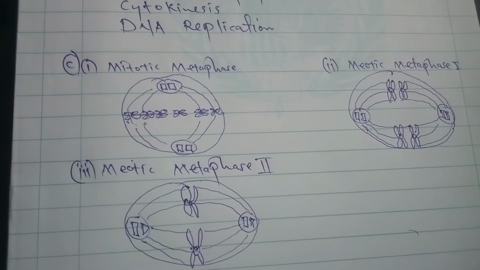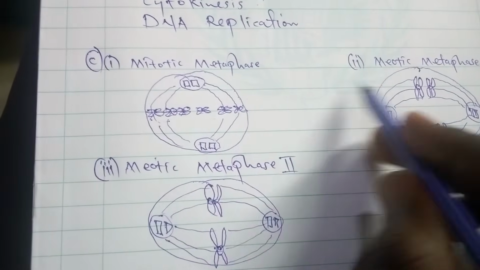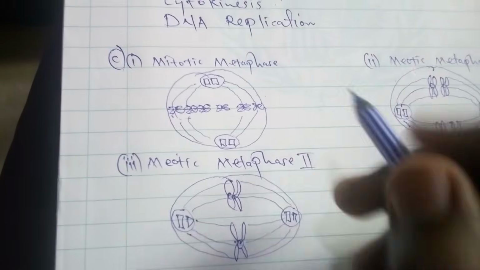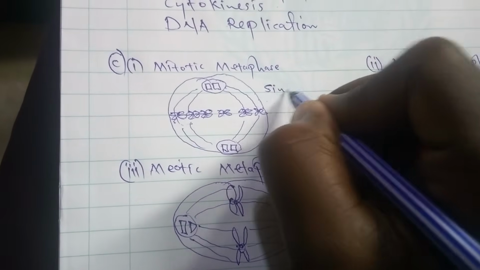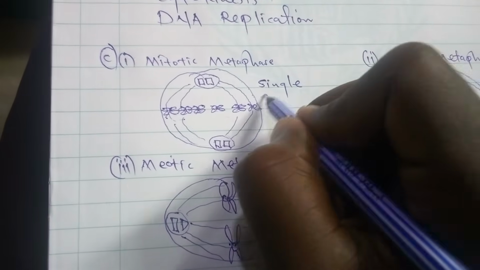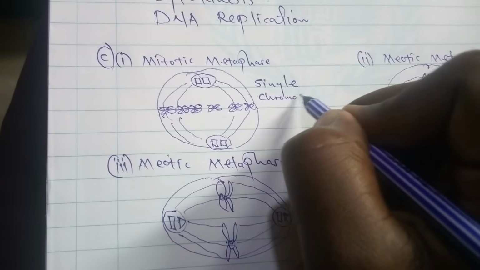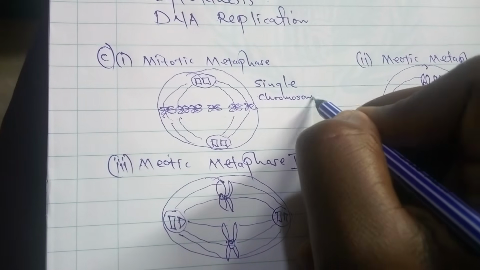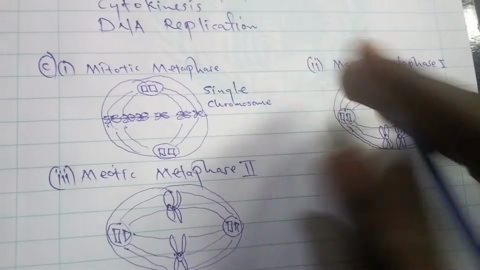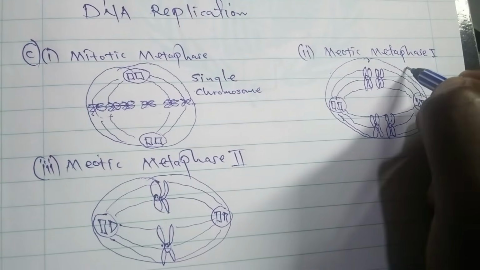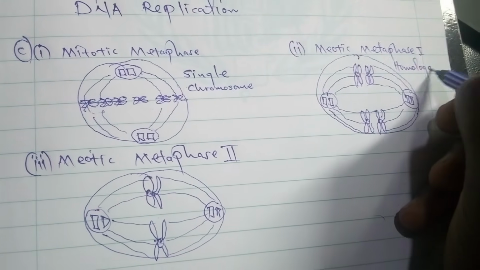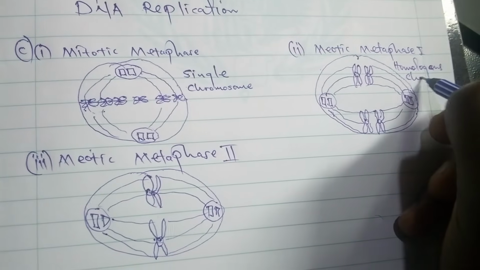You can talk about the differences. So I'm going to put the differences the way they are. When you look at the alignment of chromosomes, there is single alignment of chromosomes. Single chromosomes are aligned. Now there, the ones that are aligned are homologous chromosomes.